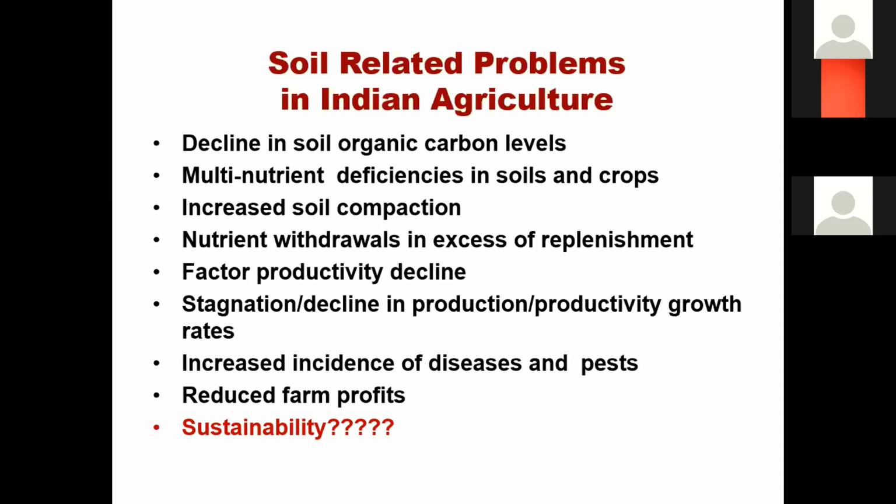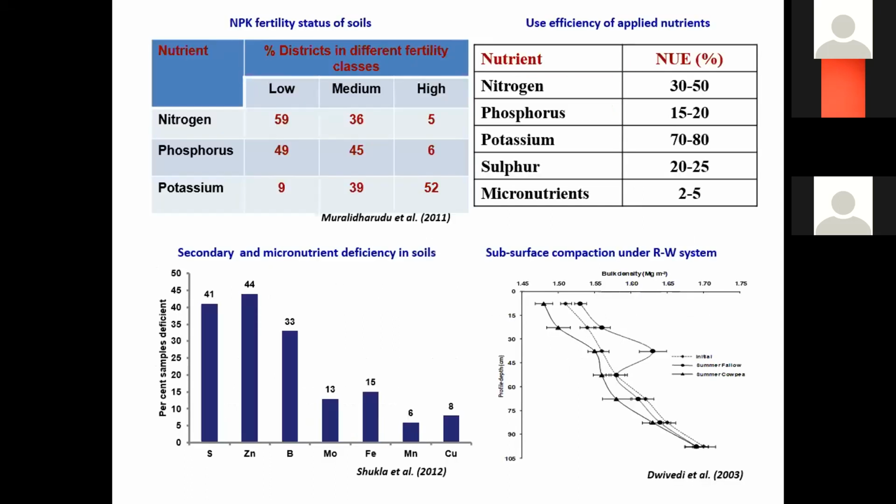Then disease and pest incidences have increased. That is also a major factor related to your soil health. So now the question is sustainability: how can we sustain this so that your soil will function continuously in the same tune, so that we can have good sustainable production along with nutritional aspects.